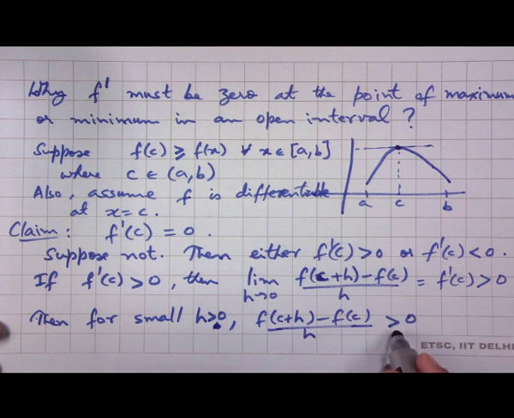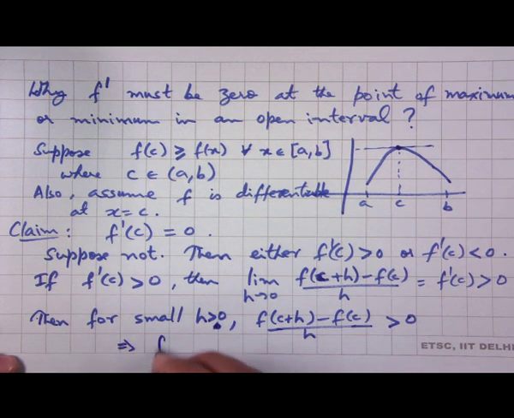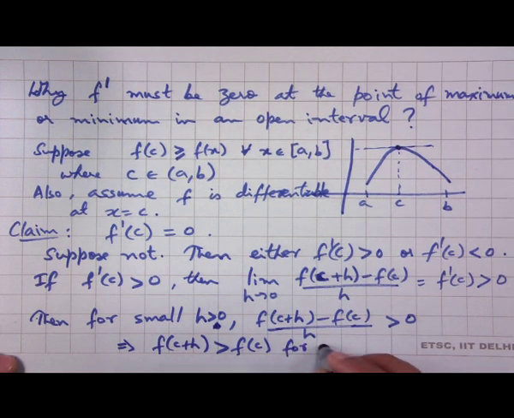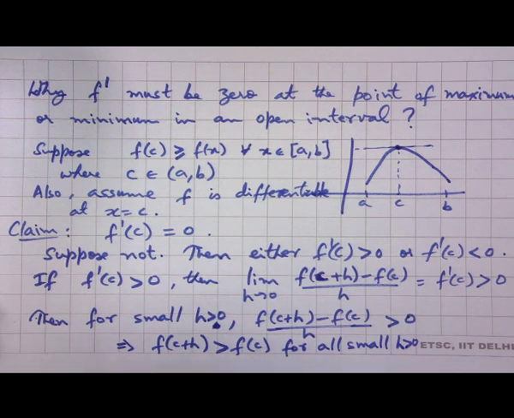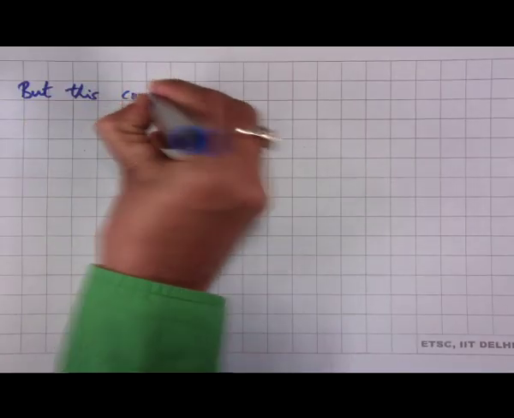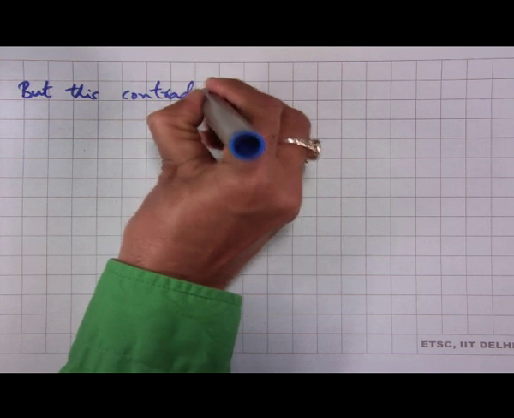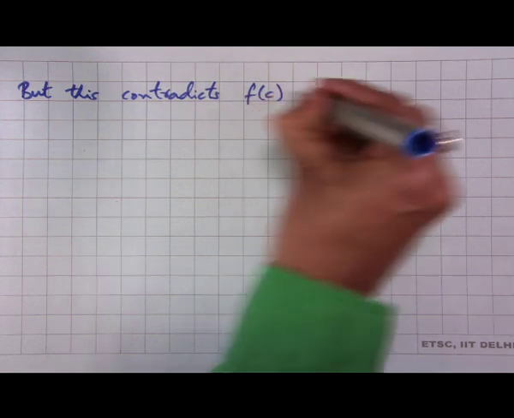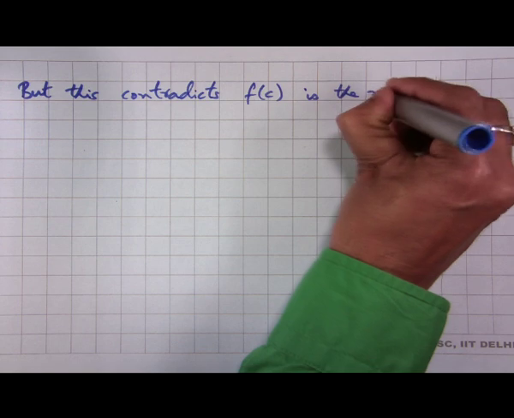So, therefore, this implies that f of c plus h is greater than f of c for all small h. This contradicts that f of c is the maximum value.